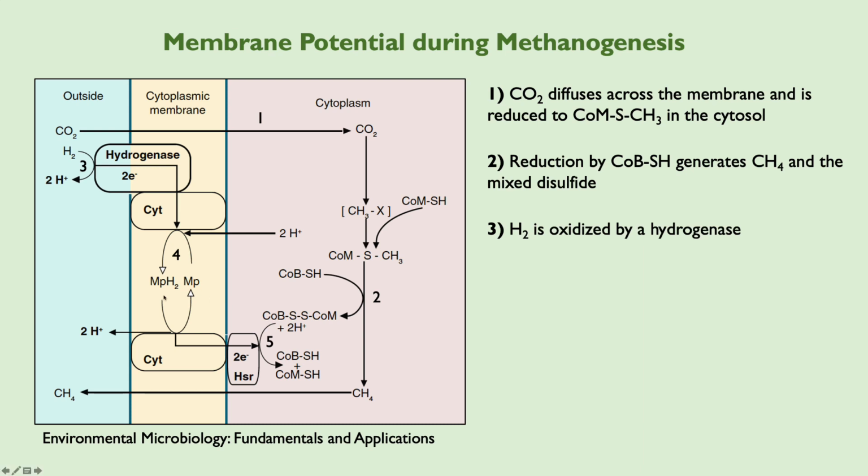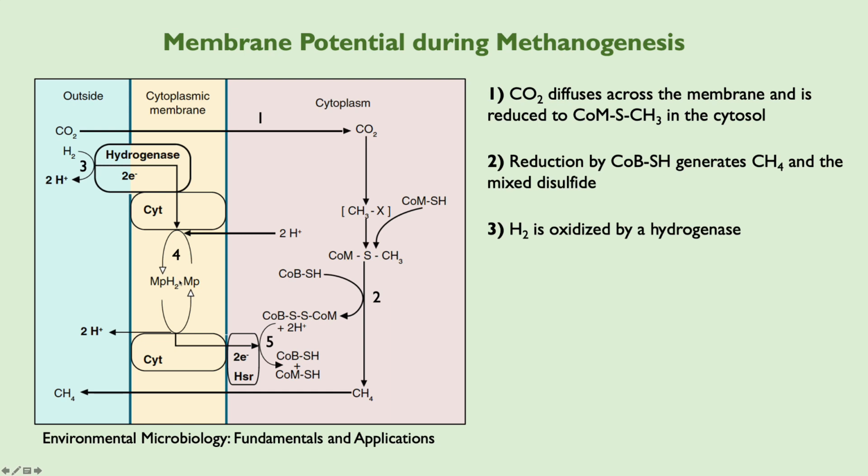And now we can see where this electron transport chain comes into play. So if we have oxidation of molecular hydrogen by a membrane-bound hydrogenase, producing 2 protons outside of the archaea, we can have 2 electrons transferred through this electron transport chain. So transferred through cytochromes, as well as MPH2, which is methanophenazine, a hydrophobic electron carrier that functions within these methanogens.